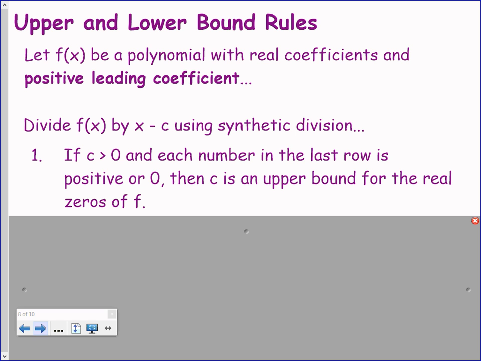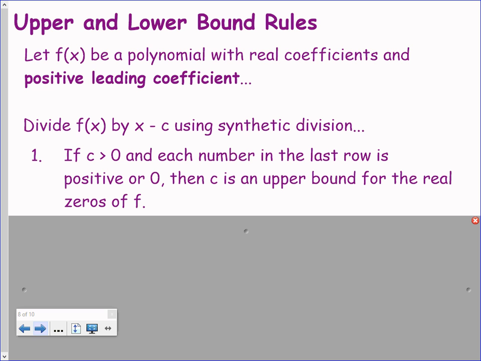So if in that bottom row of synthetic you have no negatives show up after division, whether it's a 0 or not, then that tells you that's an upper bound. By calling it an upper bound, it's saying in that list of possible rational zeros, don't check anything higher than this number because it's now the upper bound.